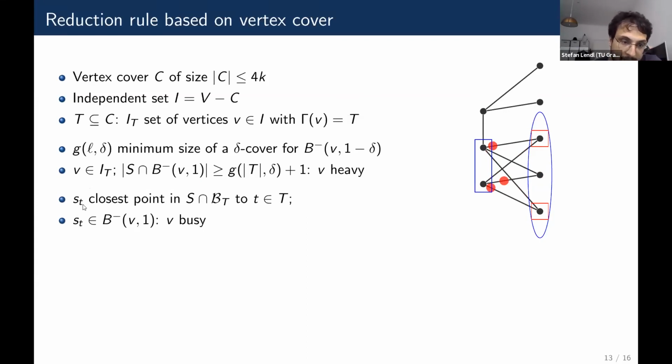So for every T in capital T, we look at the closest point in S intersection calligraphic B of T to T. So we look for this point, the closest point of S. And this is S of T. And if S of T is on an edge to a vertex V, then we call V busy.